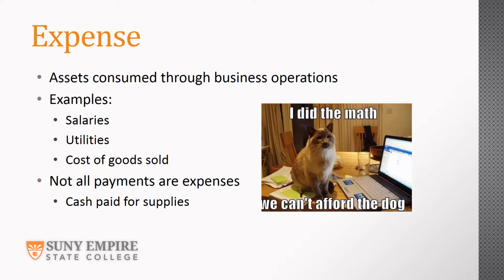An expense is the opposite of a revenue. Expenses consume assets. However, expenses are not always strictly money or promises of money. Salaries and utilities are expenses for a company because it does indeed lower the quantity of cash.